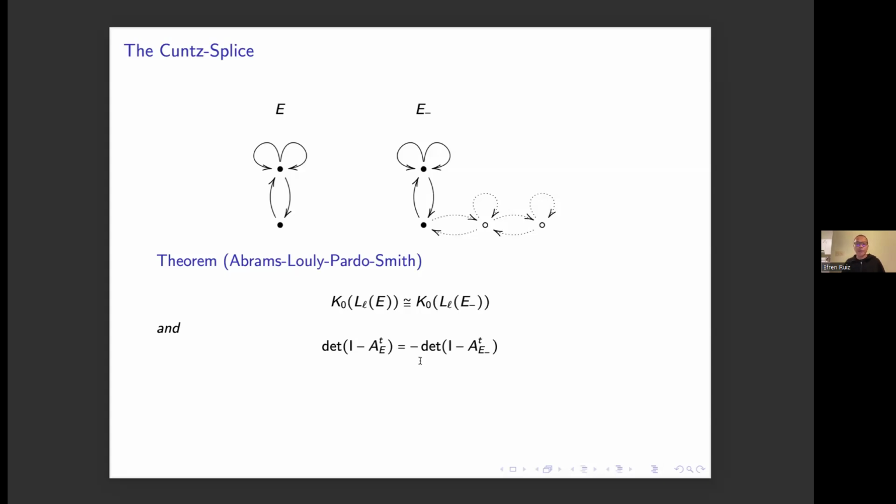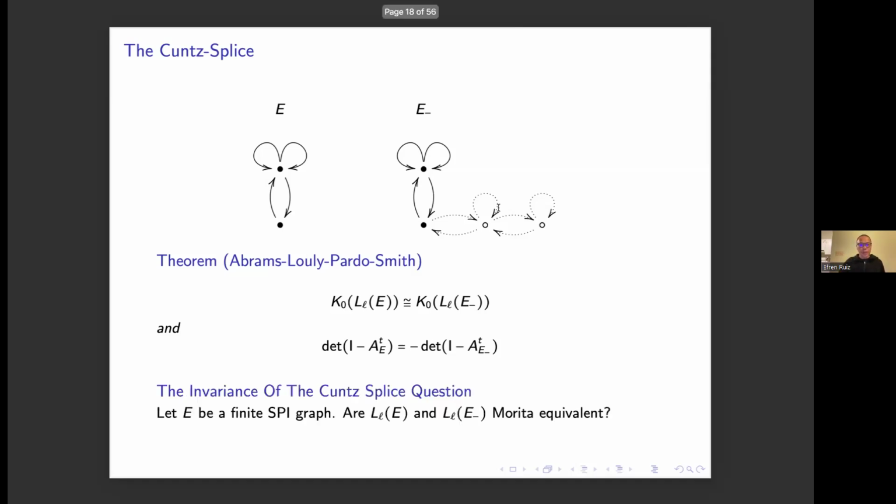And that's important. The reason why is because when you have two Leavitt path algebras that have isomorphic K0 groups, then the determinants of these kinds of matrices only differ by a sign. This is a move that was introduced by Joachim Cuntz in the classification of Cuntz-Krieger algebras, and it is a way of altering the sign of the determinant without changing K-theory.